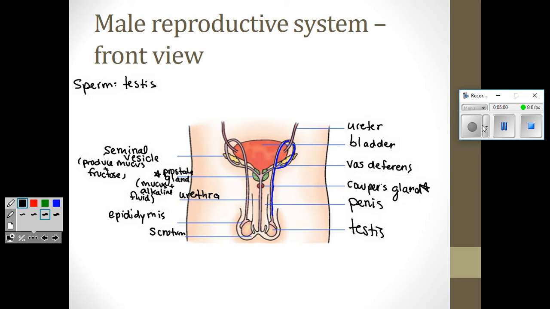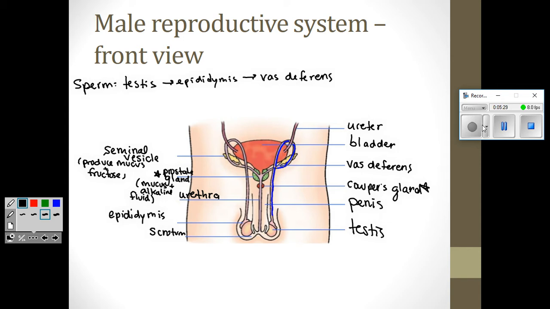It starts there because that is the site of spermatogenesis, and we saw that the other day. Then sperm go to the epididymis, and we saw the other day that was so that they could become mature. Then they go through the vas deferens, which is that duct that connects the epididymis to other structures.